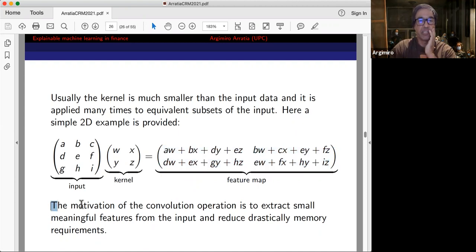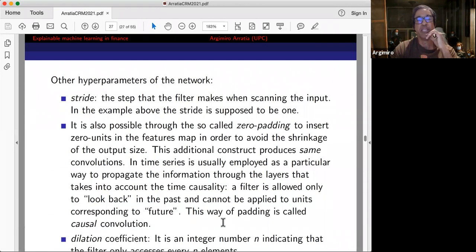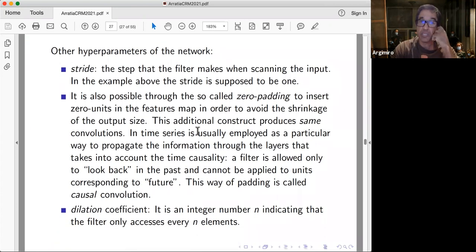So just take home this idea, no? The motivation of the convolution operation is to extract a small meaningful feature from the input and reduce drastically the memory requirements. That's the advantage of using this. And there are some hyperparameters, among others, but of importance here is the stride, which is the step that the filter makes when scanning the input.